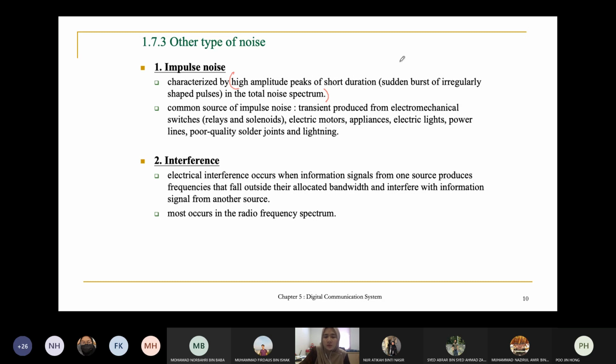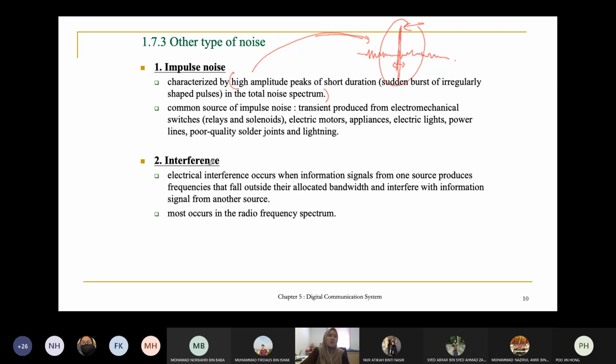For example, you have a signal and suddenly you have a peak like this and then back again. So this is the impulse noise. It is high amplitude peaks of short duration, only short duration.